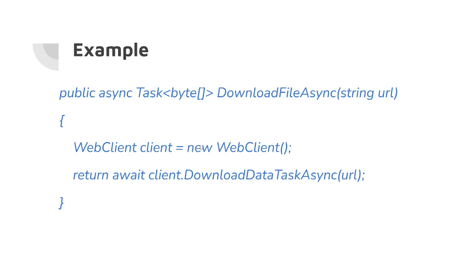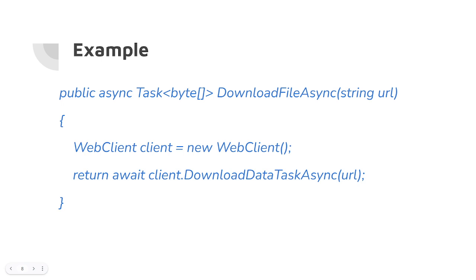Let's see the example of asynchronous programming. Okay, so here DownloadFileAsync is the method name, which takes a URL as an input parameter. Again, we are creating the instance of WebClient, which is a built-in .NET class used for making HTTP requests. And once the instance is created, we use await here, and then client.DownloadDataTaskAsync, and we are passing the URL.